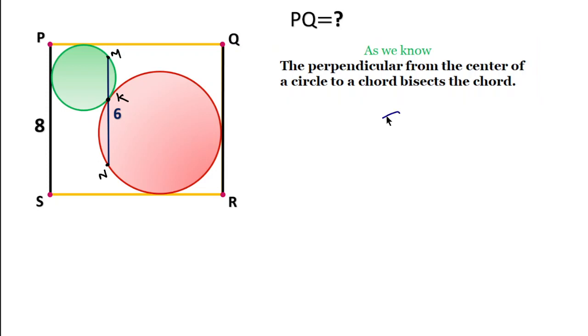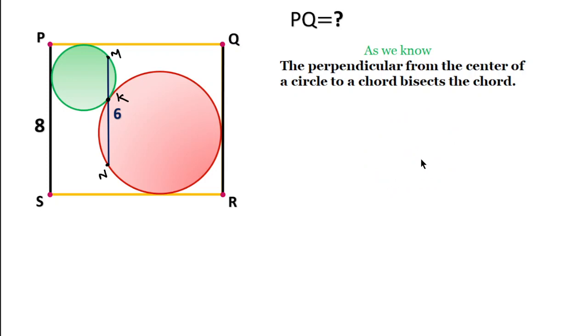That is, if there is any circle and this is the center, and let's suppose this is any chord, and if we draw a perpendicular from the center of the circle to this chord like this, then this will be divided into equal halves. That is, the length of this will be equal to the length of this according to this theorem.